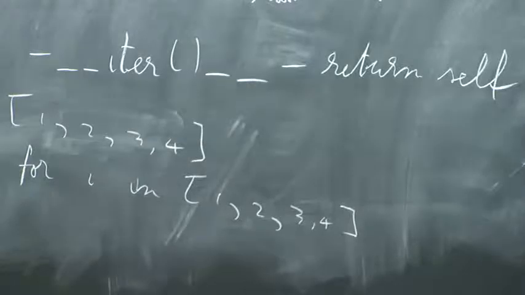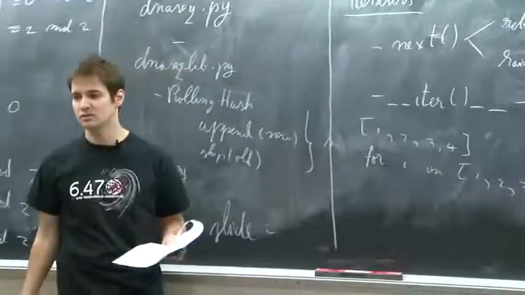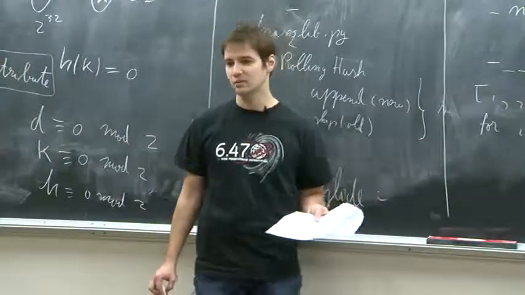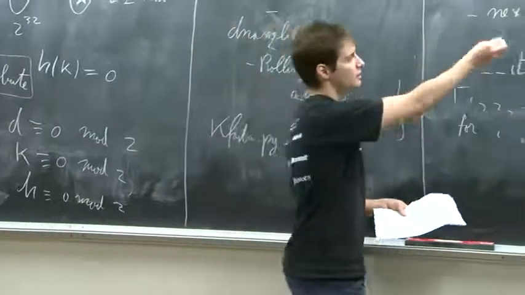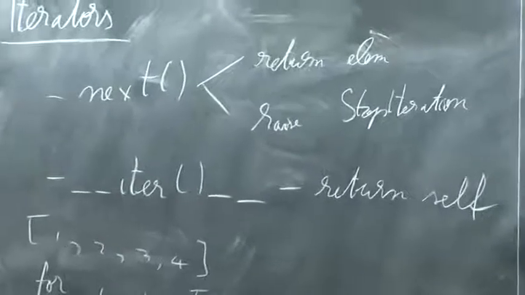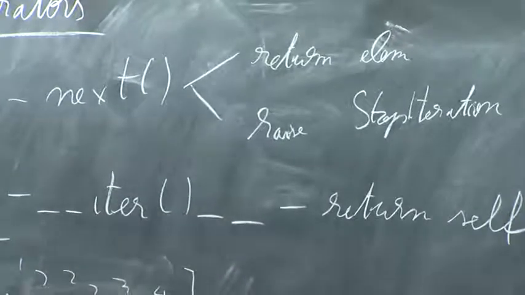So you can write an iterator that almost behaves like a list. You can use it in these for each instructions, and it works as if it was a list, except it uses a lot less memory because it computes the elements. Hopefully, every time next is called, you're computing the next element that you're returning. If you're storing everything in a list and returning the elements that way, that's not a very smart iterator.